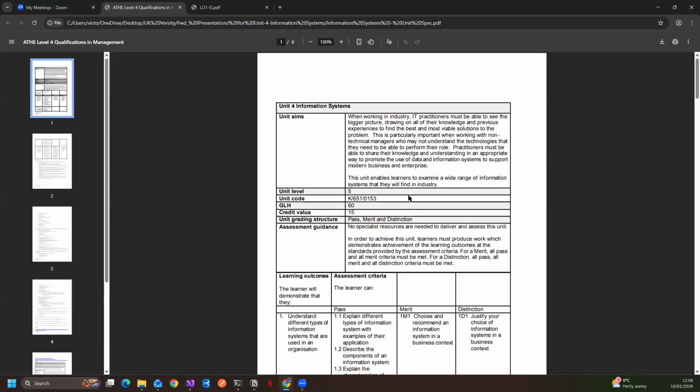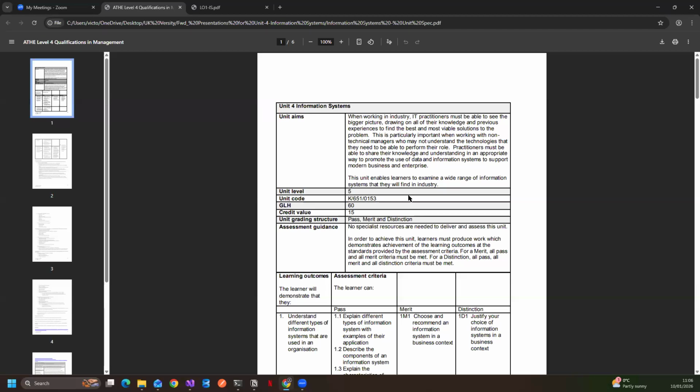So in today's session, we start a new unit, which is information systems. This is a level 5 qualification, and we're now covering unit number 4. The unit aim is that when working in industry, IT practitioners must be able to see the bigger picture, drawing on all the knowledge and previous experience to find the best and most viable solution to the problem.